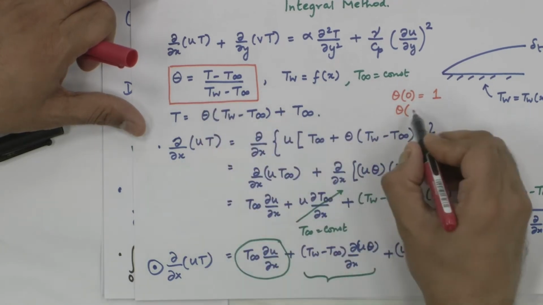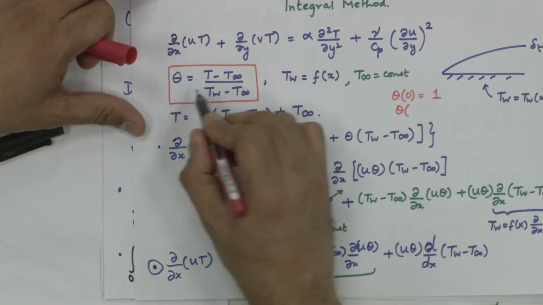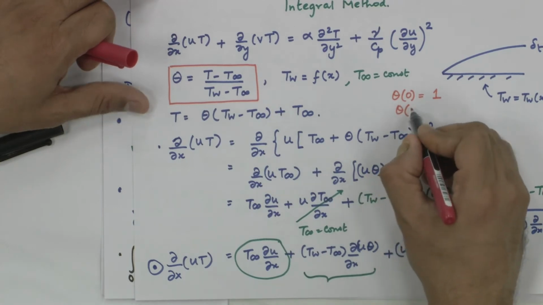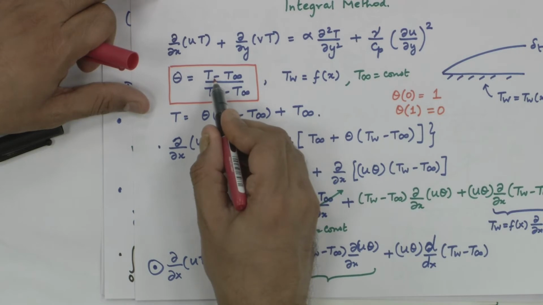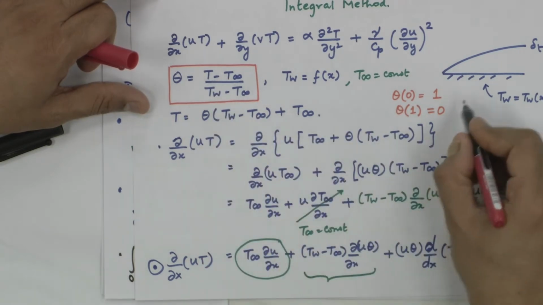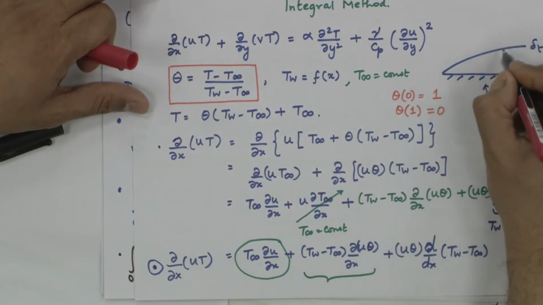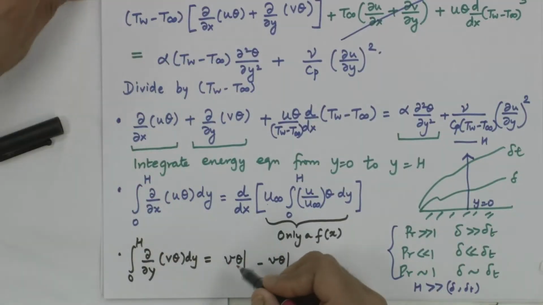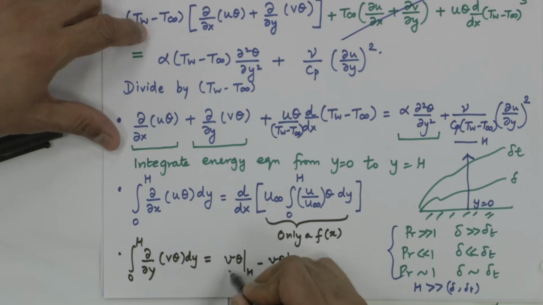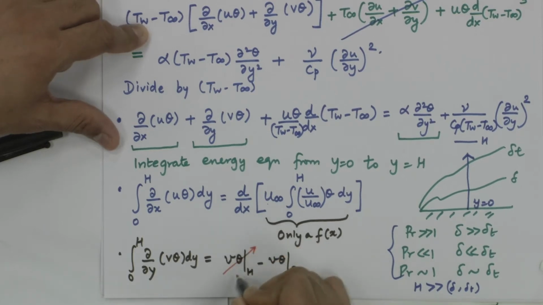Beyond y equal to delta t, or delta, theta is equal to 0, because this is going to be t infinity for the region at or beyond delta t. So, h is far away from the wall, and theta at h is 0.